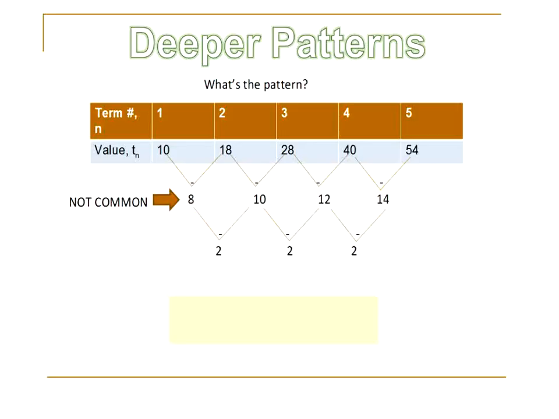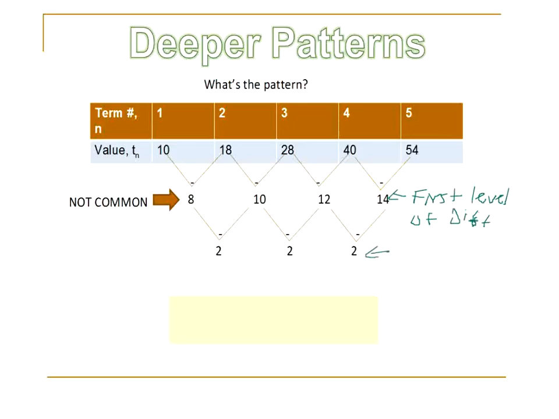And the common difference of the first level of difference is 2. So here is the first level of difference. I think that's for obvious reasons. And this is the second level.